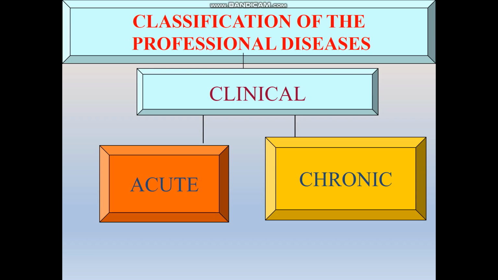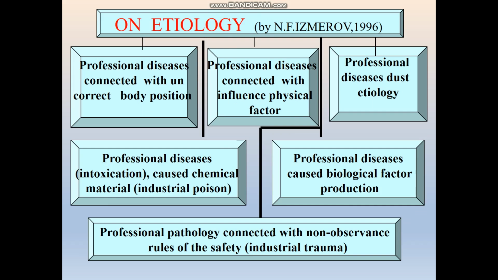Classification of professional disease. Clinical classification: all professional diseases are divided into acute and chronic groups. On etiology, by the researcher Izmirov, the classification is as follows. The first group includes professional diseases connected with incorrect body position.